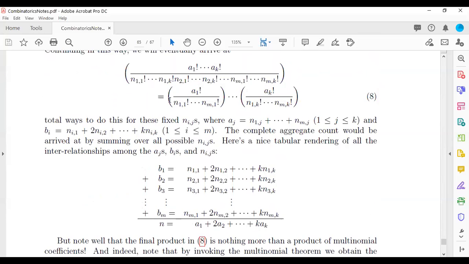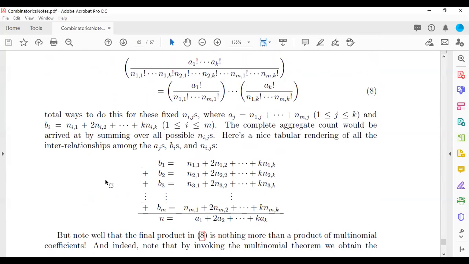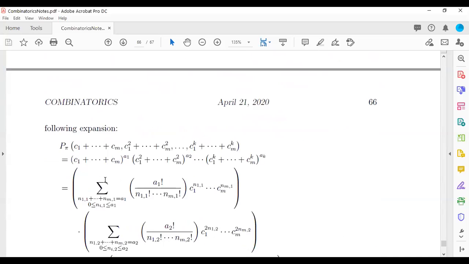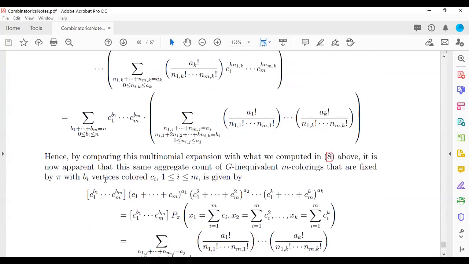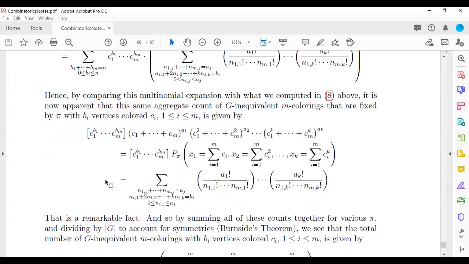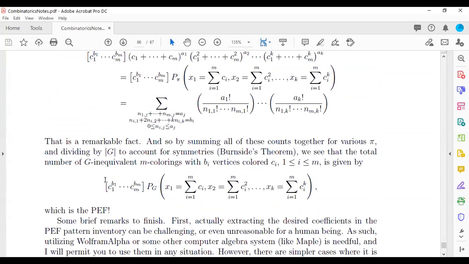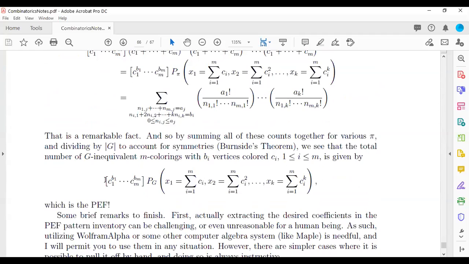So that verifies that this is indeed giving us exactly what we would want. This is a giant exercise in multinomial prowess. That is the shorthand. The longhand would be awful.